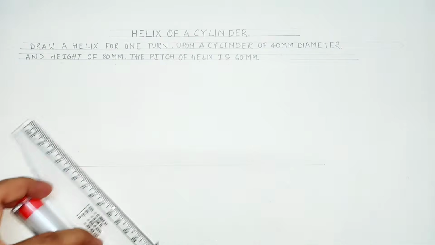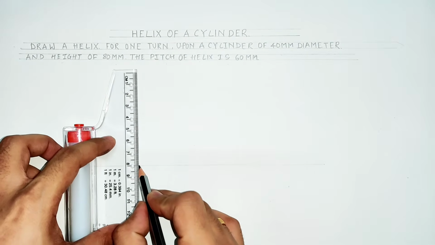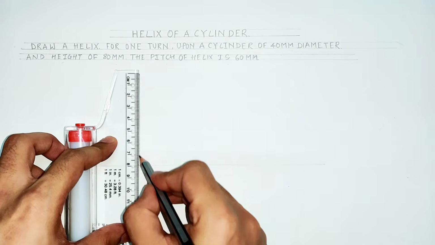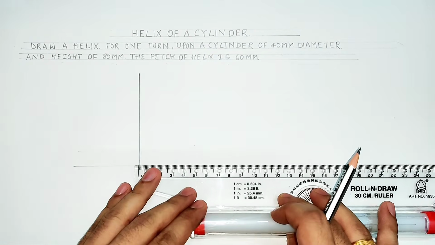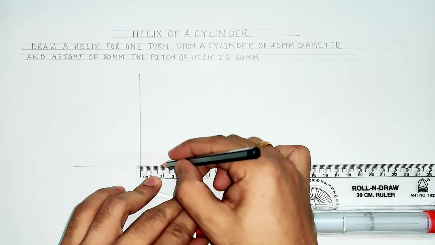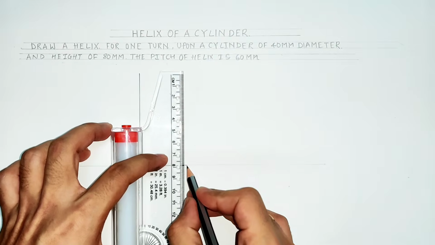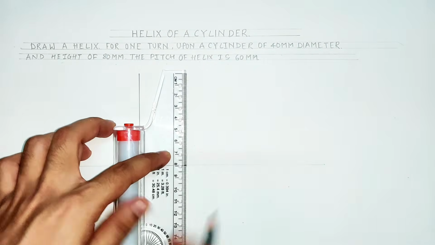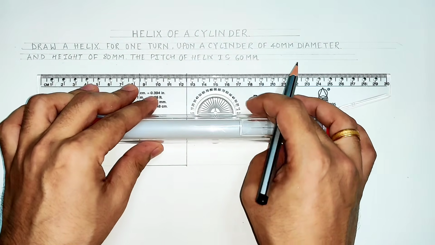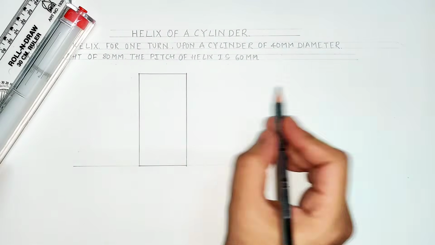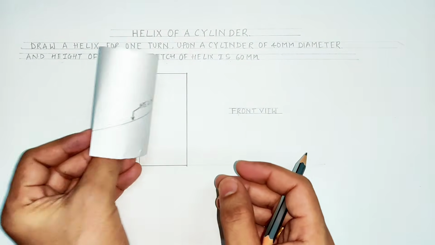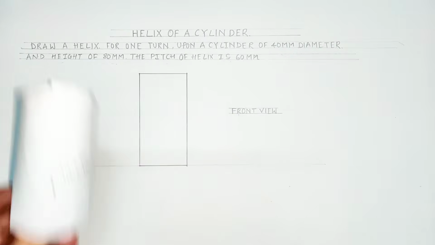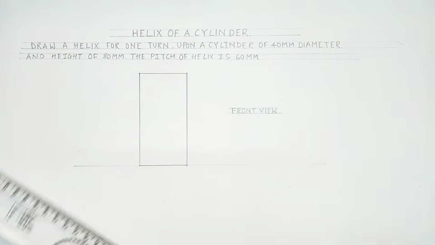Now to draw, first we will mark a line. On the upper side we will draw the front view, a rectangle, and on the lower side we will draw the top view. As you know, the front view of a cylinder is nothing but a rectangle. So here we have drawn a rectangle with one side as 40 and the height as 80, which is given.